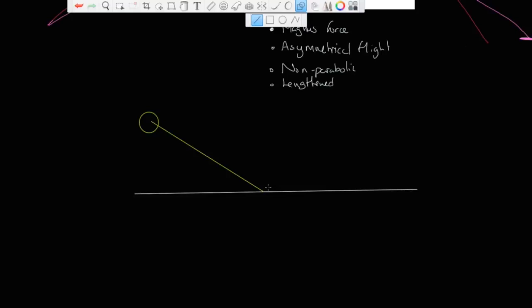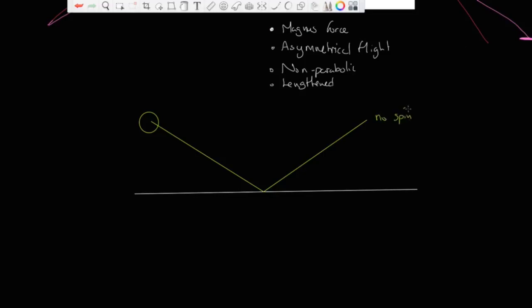Now the thing I'd like you guys to realize is that if the ball has no spin, it's going to bounce out at some kind of angle like that. Basically the same angle at which the ball comes in, depending on the surface. This one here is what we'd call no spin.